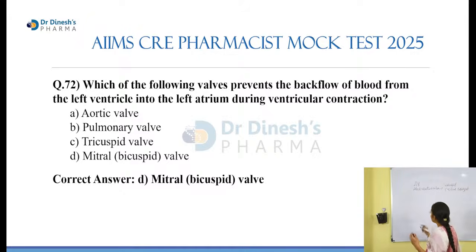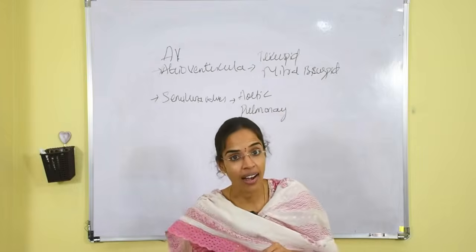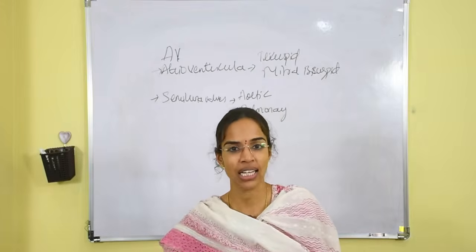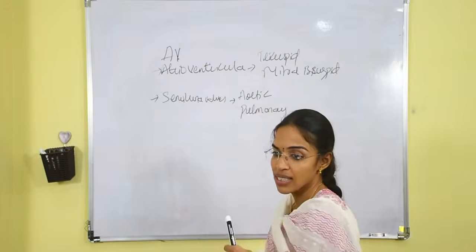Next are the semilunar valves, which include the aortic valve and the pulmonary valve. These are the 4 valves that guard our heart for proper circulation. Okay, next slide please.